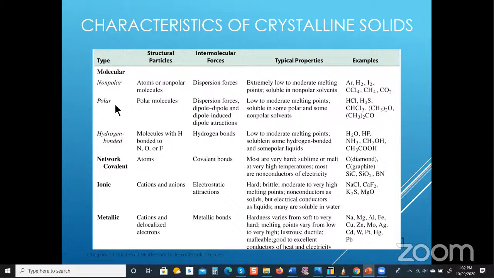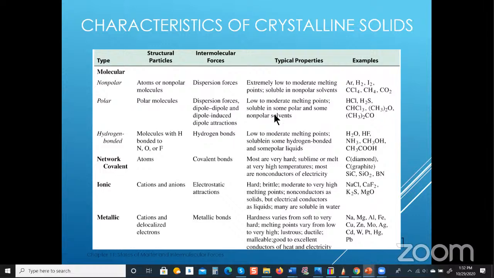Now, in the case of polar molecules, the dispersion forces would still exist, but you also have dipole-dipole and dipole-induced dipole attractions. And in these cases, the melting points would be, on average, higher compared to nonpolar molecules, but they're still low to some extent, to moderate.